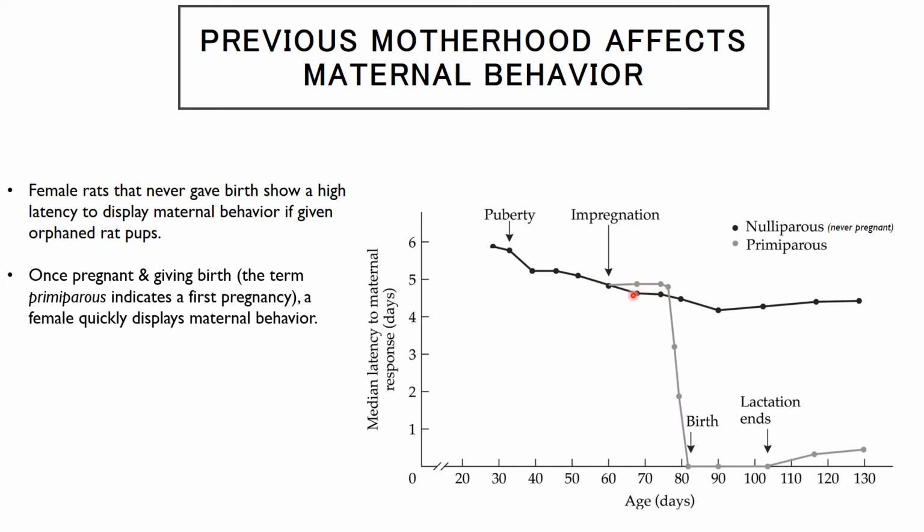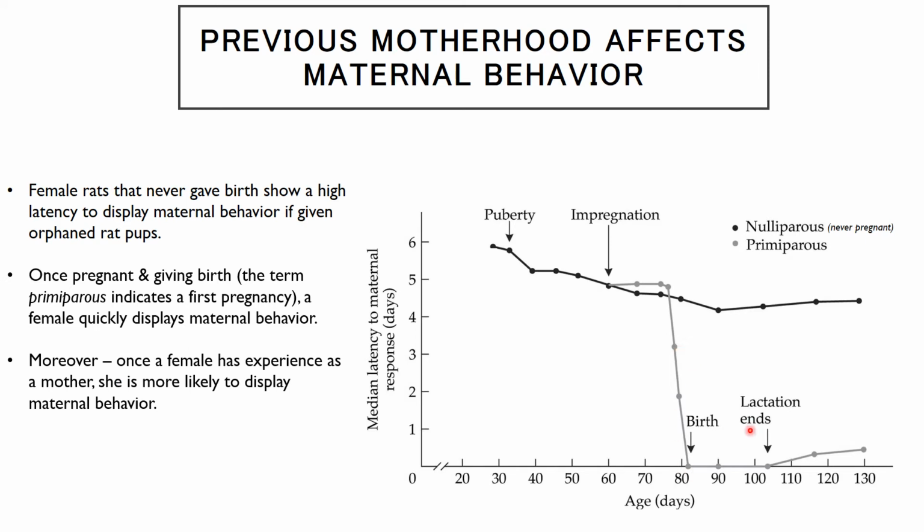It's really no different than the rats that are not pregnant. But just prior to birth and as soon as birth occurs, you can see there's a major switch in how long it takes for these rats to show maternal behavior towards infant rats. And once they've been raising their own pups, it takes no time at all for them to show maternal behavior to orphan rats.